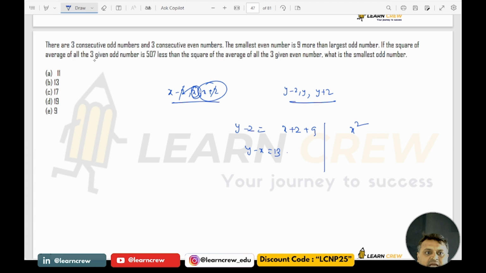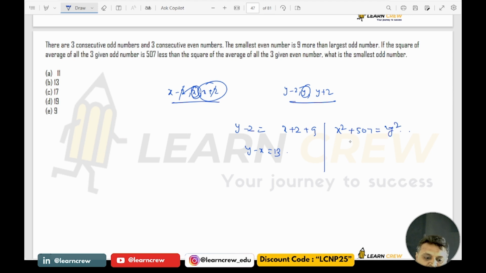If the square of the average of all the given odd numbers is 507 less than the square of the average of the 3 given even numbers, the average of the 3 given even numbers is y. So you can say x square plus 507 is y square.